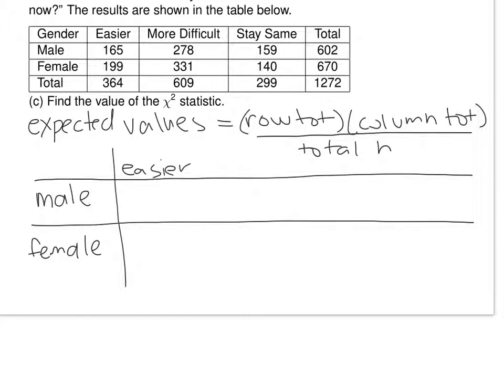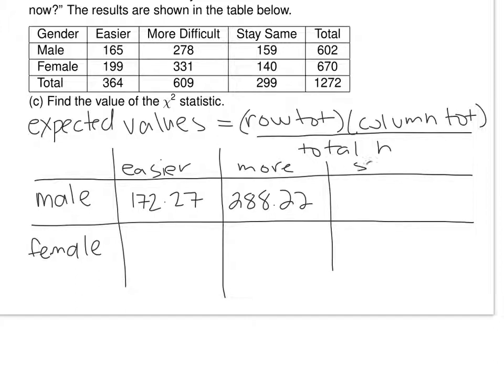To find that first entry, we do 602 times 364 divided by 1272, and that gives us 172.27. In the more difficult male category, you take 602 times 609 divided by 1272, and that gets us 288.22. So that's the more difficult column.